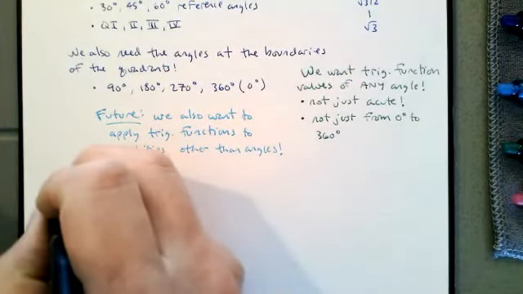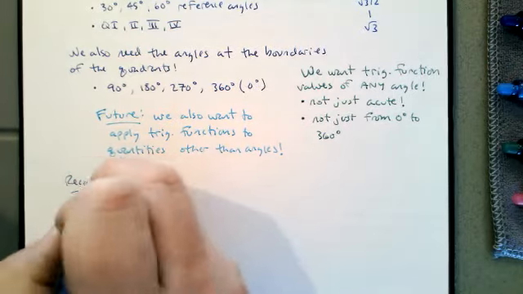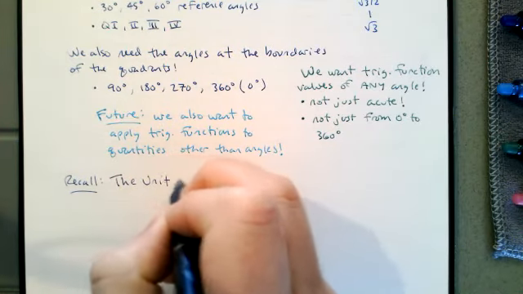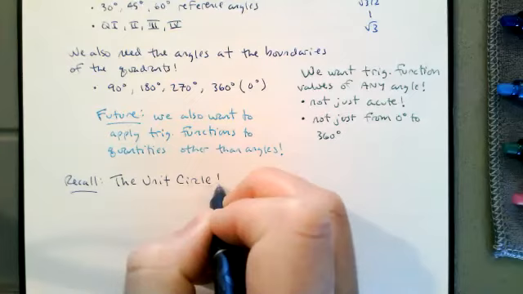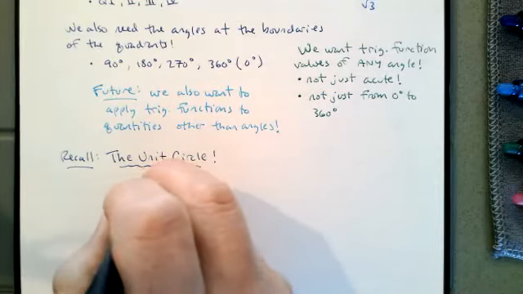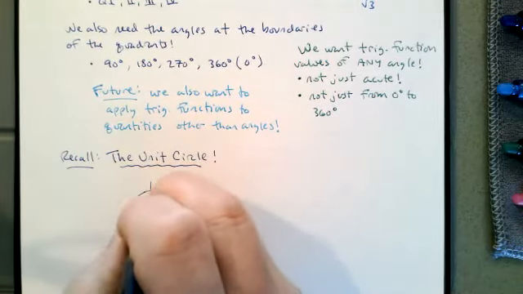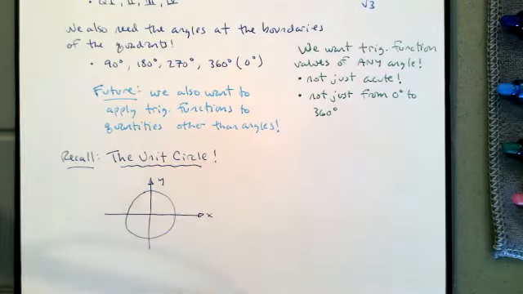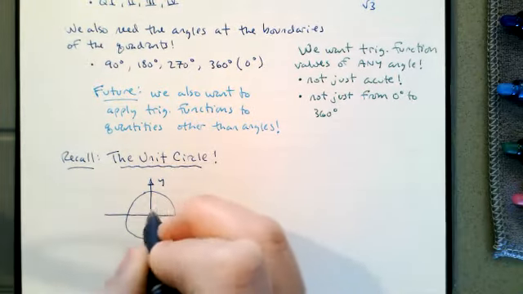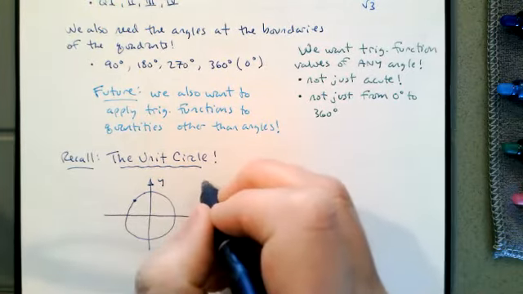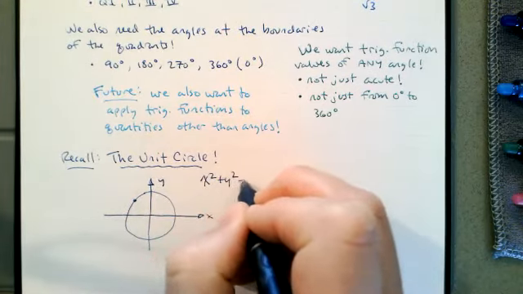If you would recall, we've been going all the way around the unit circle. So on the unit circle, if we have a point on the unit circle, the equation of the unit circle is x squared plus y squared is equal to 1.